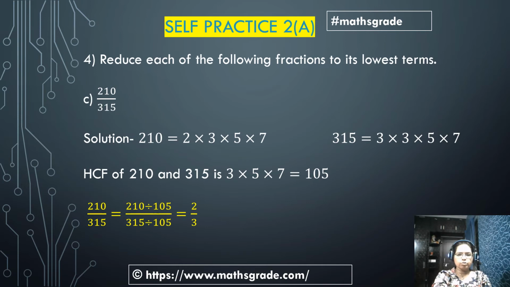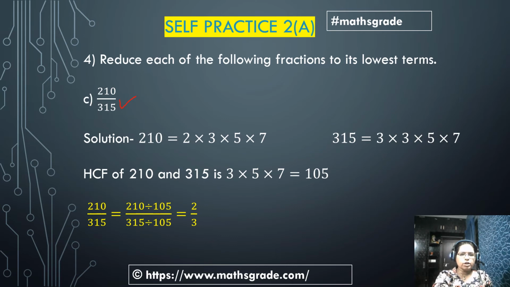Now we have to reduce 210 divided by 315 to its lowest terms. First we have to express 210 and 315 as products of prime factors.